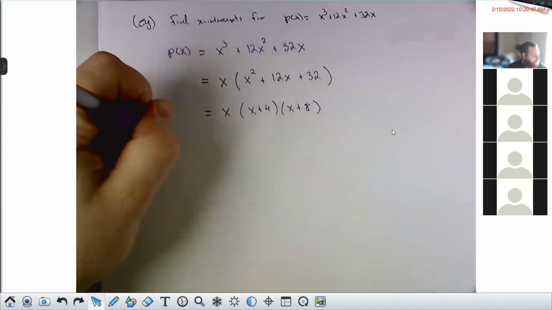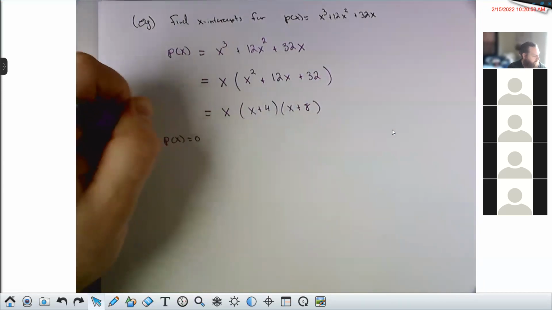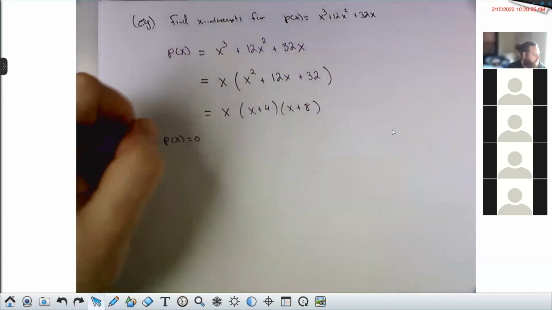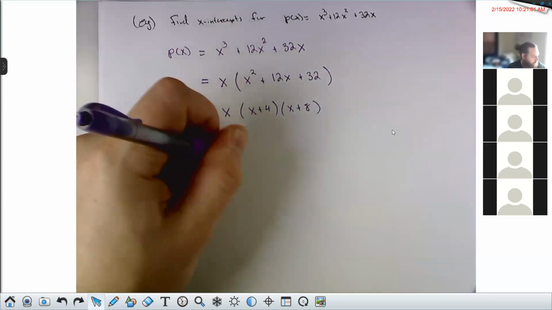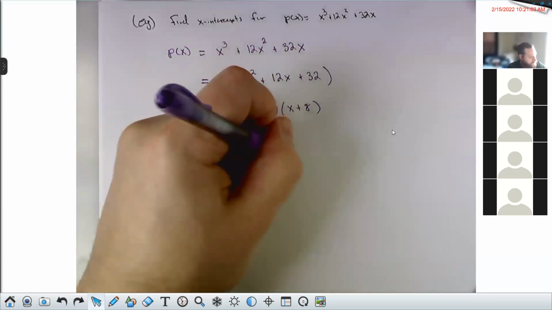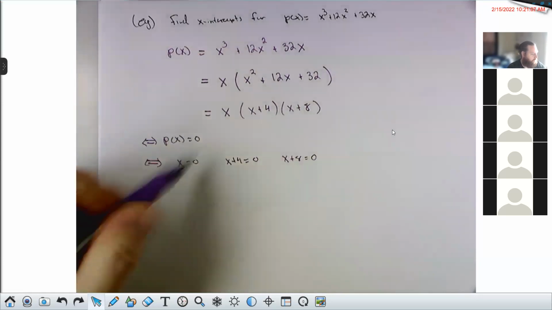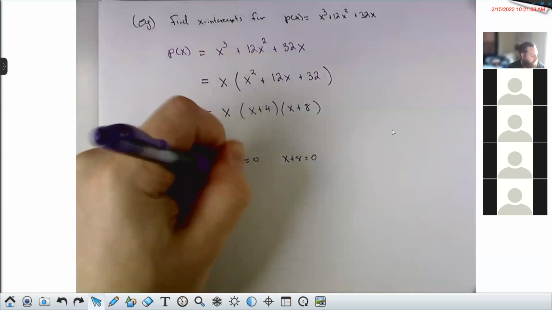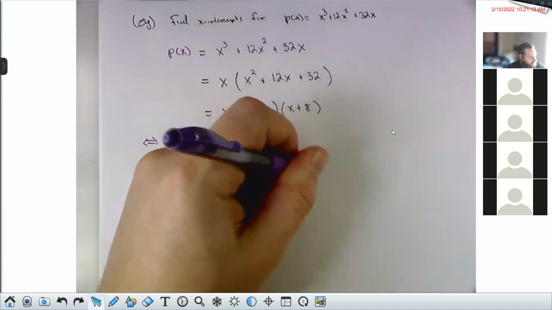And then setting p of x to 0, we set each factor equal to 0. And that gives me from the first guy just x equals 0. From the second guy, x is negative 4. And from the third guy, x is negative 8.